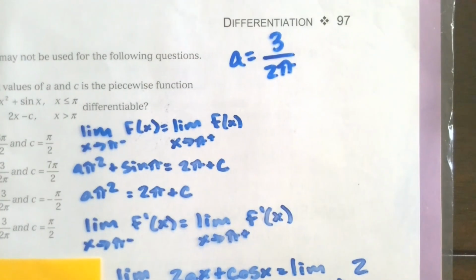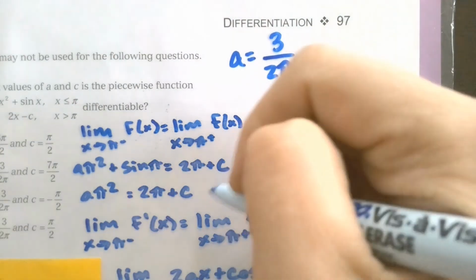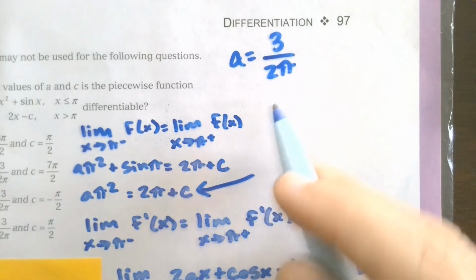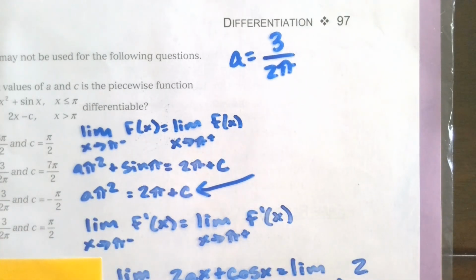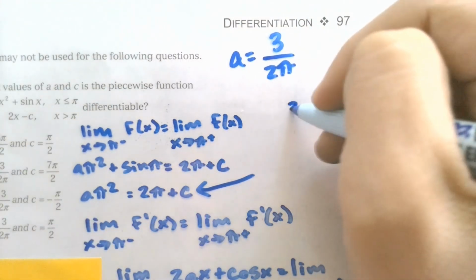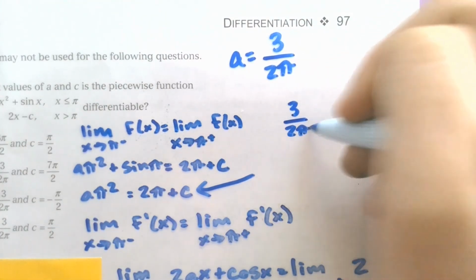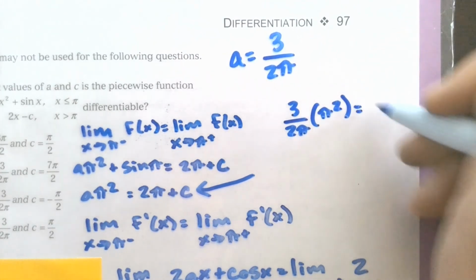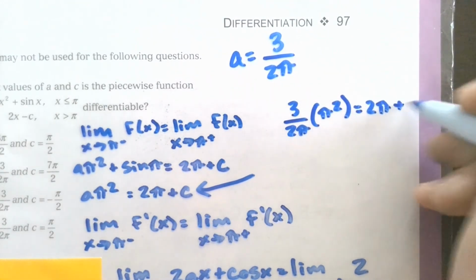So now that I have a value for a, I can work back to this first equation where I didn't solve for c, but I can here, or I can plug it in and then solve for c. Really doesn't matter. I'm just going to plug in for a and see what happens. So we've got this 3 over 2 pi times pi squared equals 2 pi plus c.